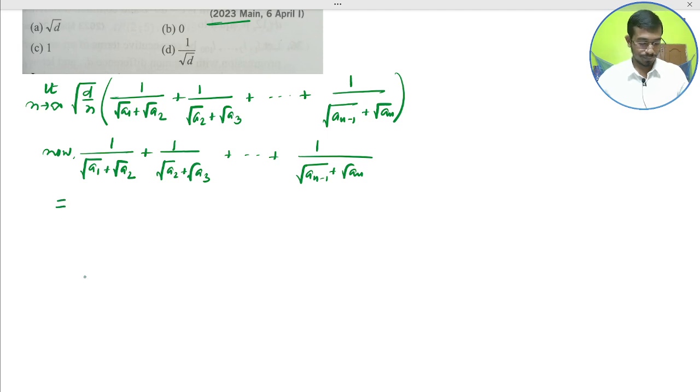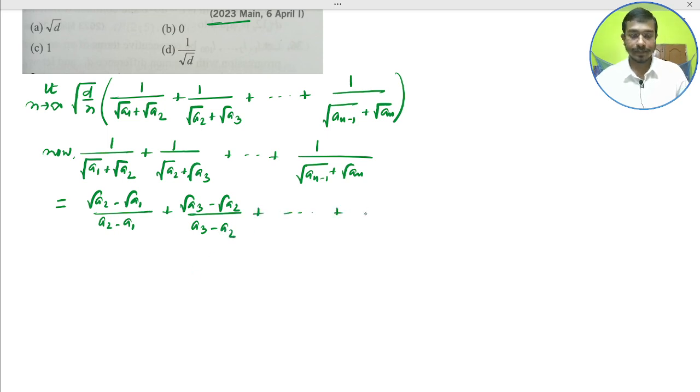So this is equal to root a2 minus root a1 divided by a2 minus a1. Simple. Conjugate numerator and denominator. Root a3 minus root a2 divided by a3 minus a2, plus dot dot dot plus root an minus root an minus 1 divided by an minus an minus 1.